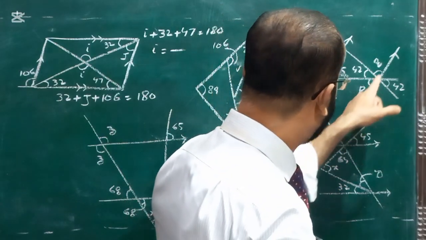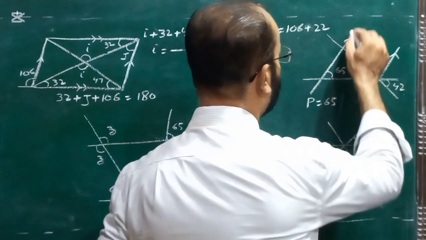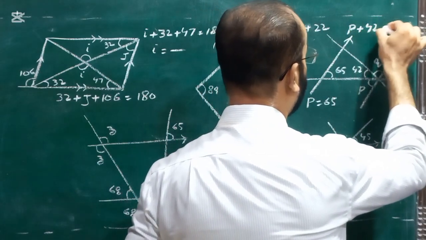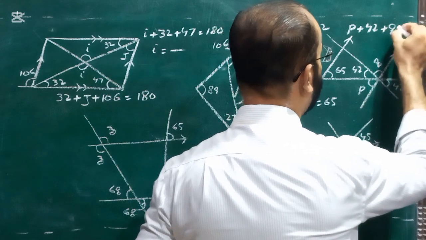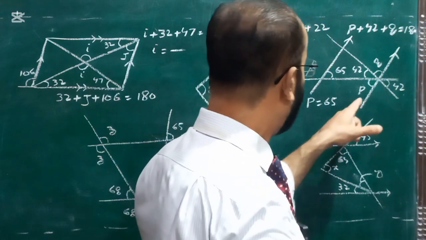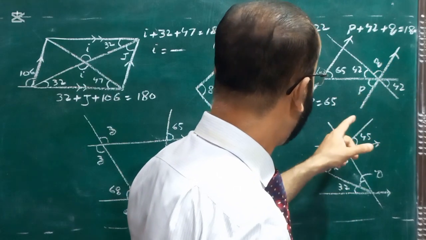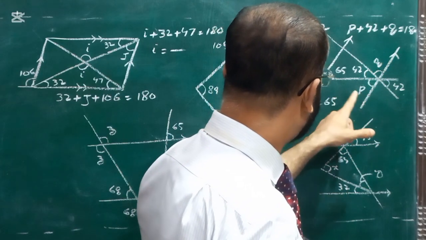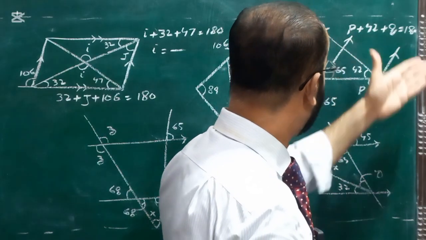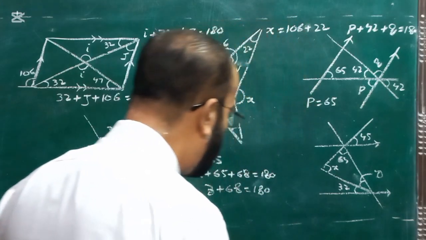And now if you come to this straight line, P plus 42 plus Q should be equal to 180 degrees, because the sum of the angles on a straight line is 180 degrees. So P is 65 plus 42 plus Q. From here you can find the value of Q. So this question is also done.